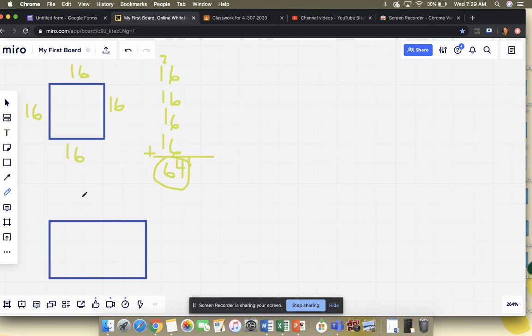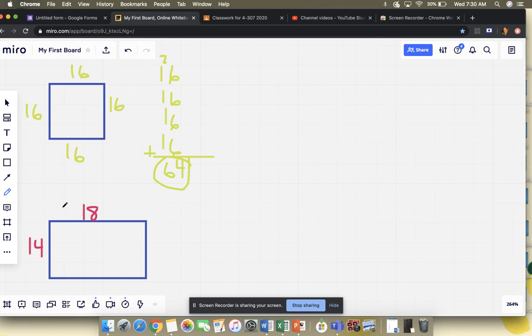So if I gave you a rectangle that looked like this, let's say they did this, and they said, okay, find the perimeter. What you're not going to do is just add these two. It's not going to work. That means you would have only walked like this over and over again.